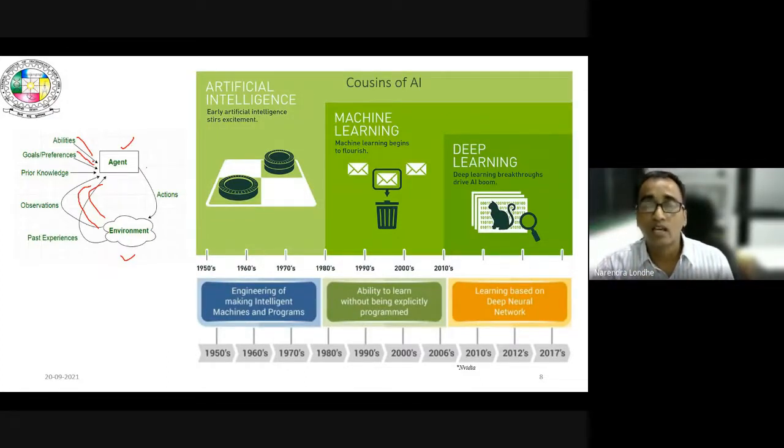If I want to teach a newborn baby about a ball, I will show pictures of balls to the baby. Say this is a football picture, then I will show a cricket ball picture, then another ball picture. With those pictures, the baby will understand that something circular in nature is called a ball. Then I will perform some actions.